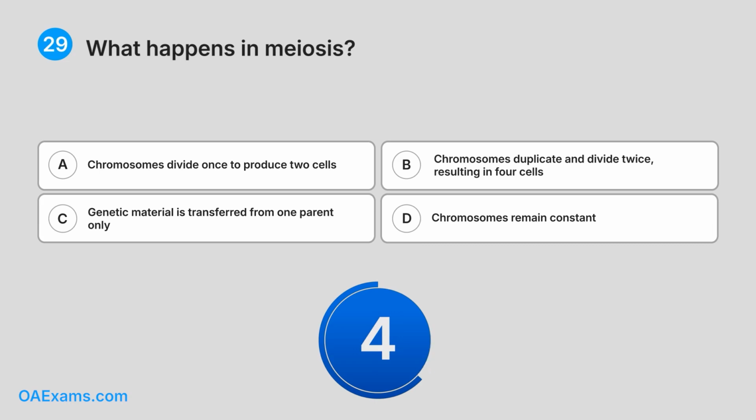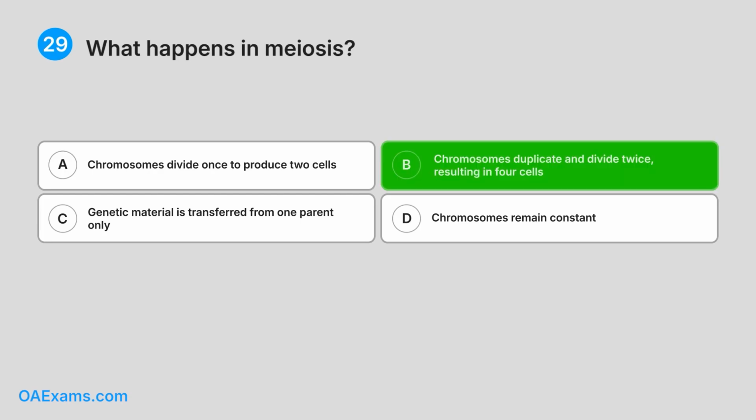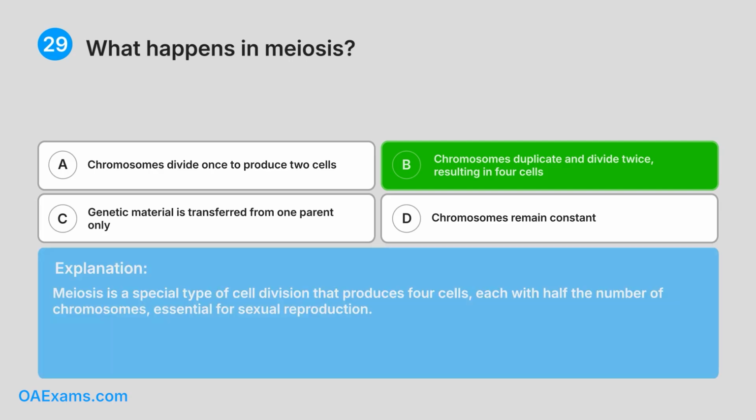Can you guess the answer? Correct answer. B. Chromosomes duplicate and divide twice, resulting in 4 cells. Explanation. Meiosis is a special type of cell division that produces 4 cells, each with half the number of chromosomes, essential for sexual reproduction.